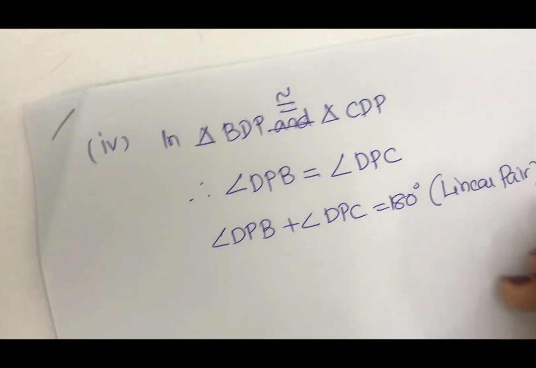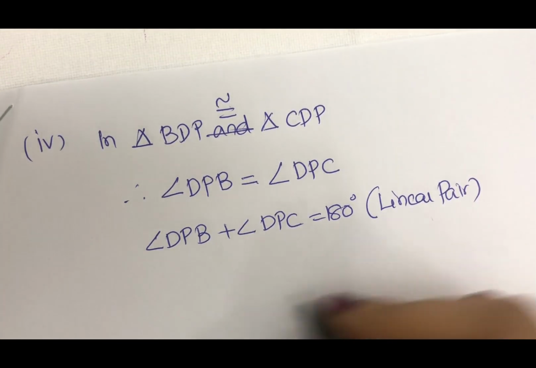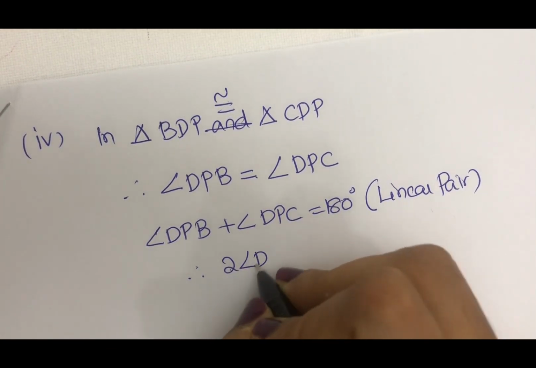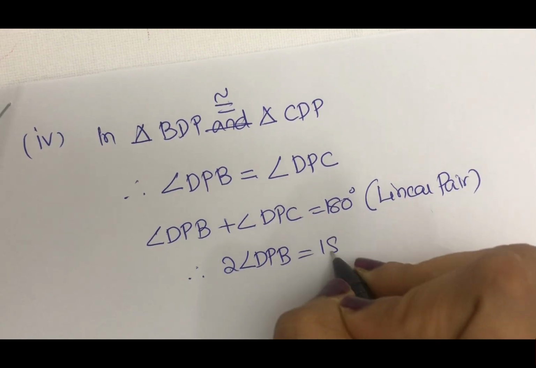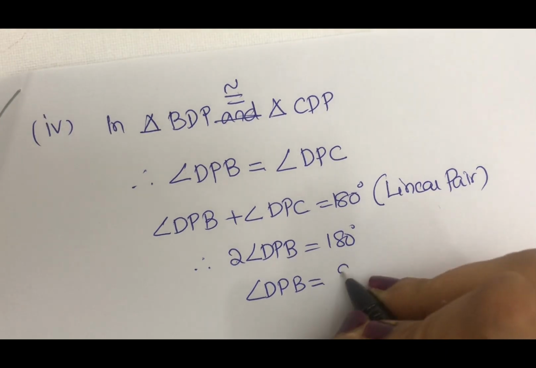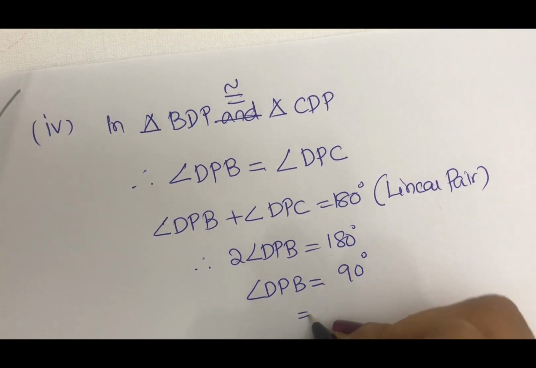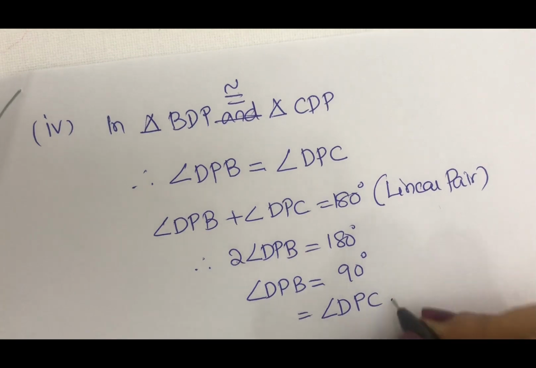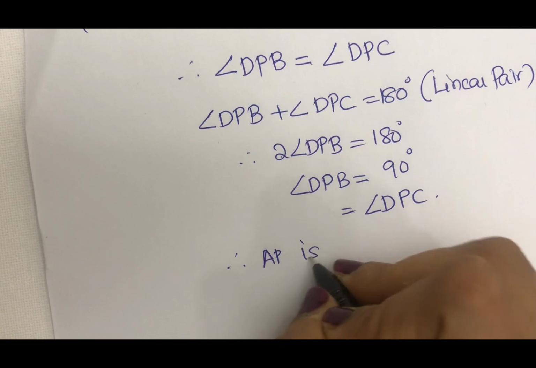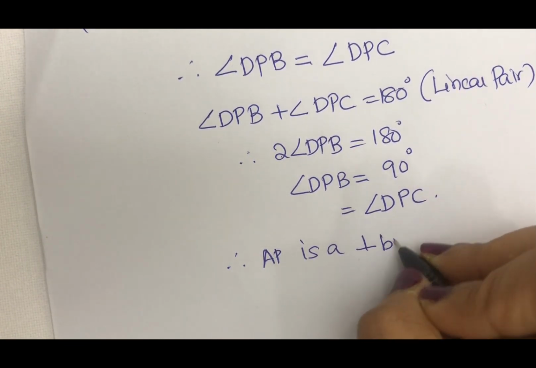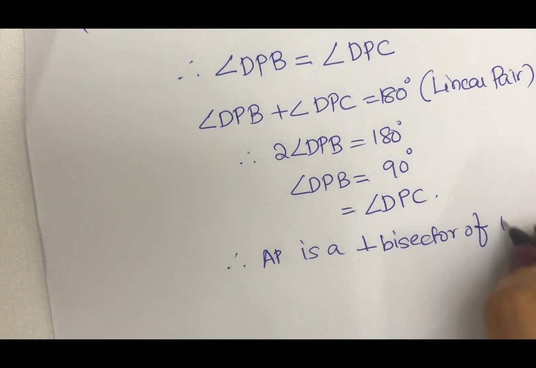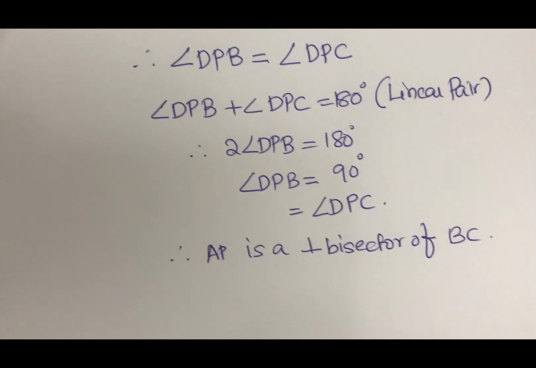That is, BC is a straight line. So, therefore, 2 times angle DPB is 180 degrees. Angle DPB is 180 divided by 2, that is 90 degrees, which is equal to angle DPC. Therefore, AP is a perpendicular bisector of BC. Now we have proved this also.